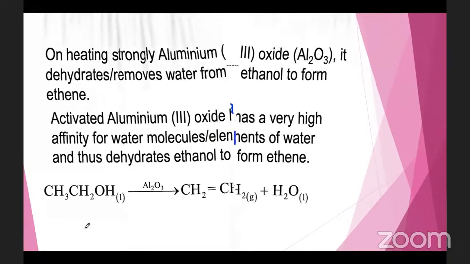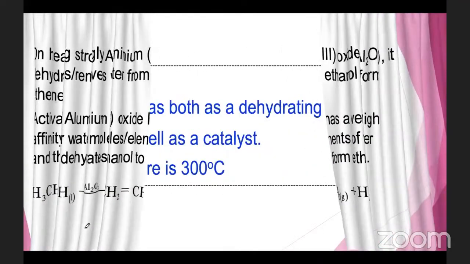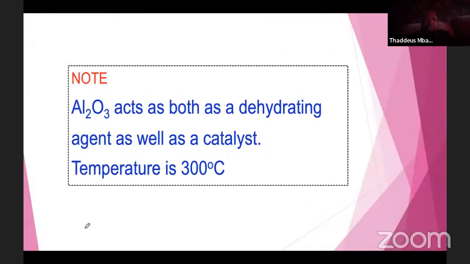So aluminum oxide acts both as the dehydrating agent and as a catalyst, at a temperature of 300 degrees Celsius. Very key for you to understand. Very clear notes, distilled and straight to the point. Can I proceed?